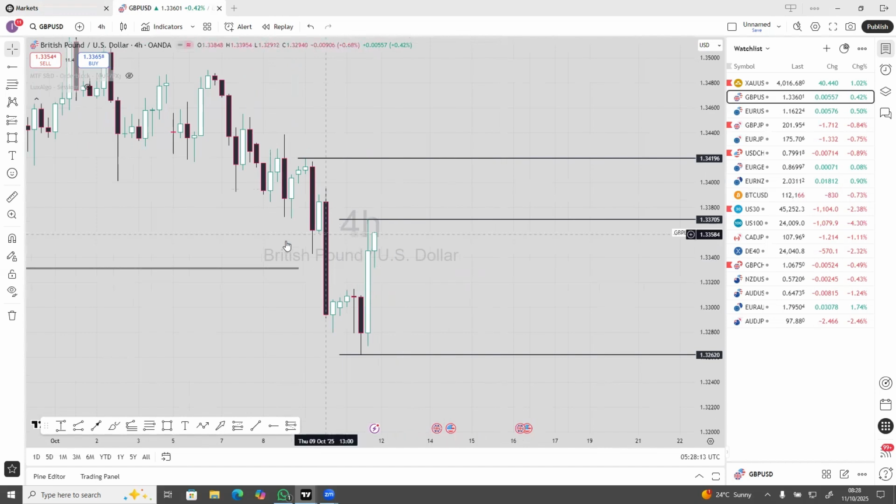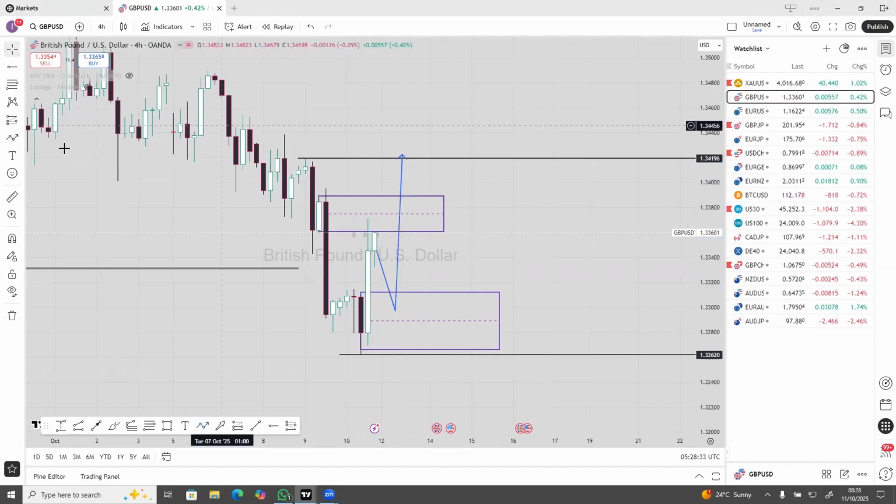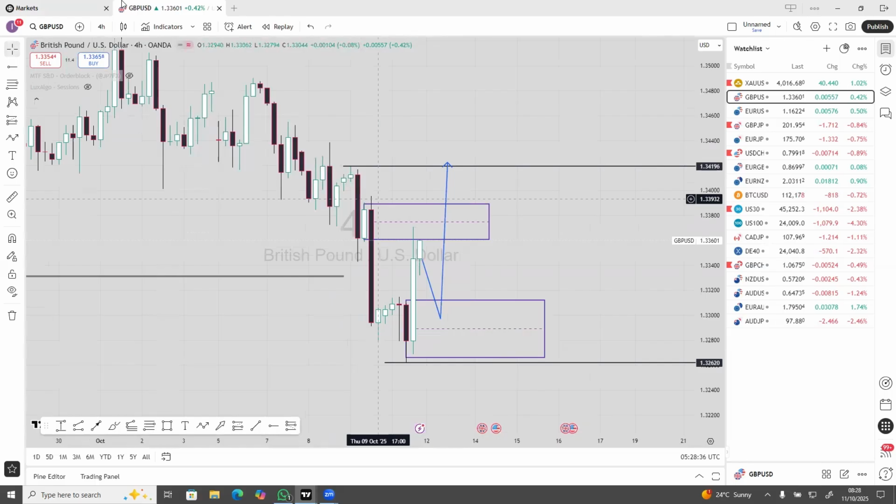So on 4 hour we have this supply right now. Right now you can see price is ranging on that supply. Also we have that demand, unmitigated demand, so we're expecting next week you can get retracement to that demand, and then we can target that CRT high very, very easily on GBP USD.